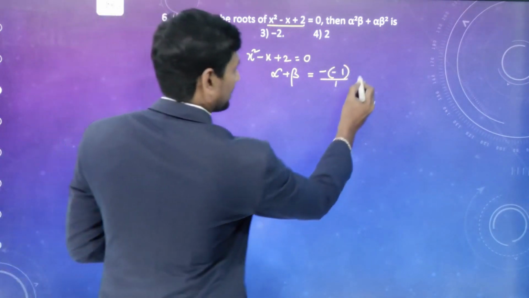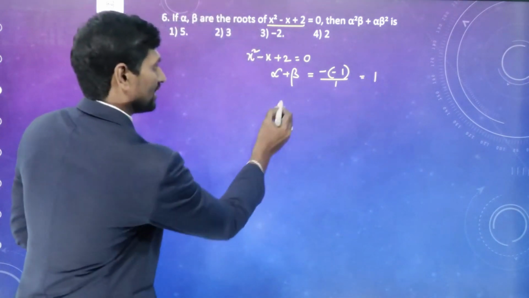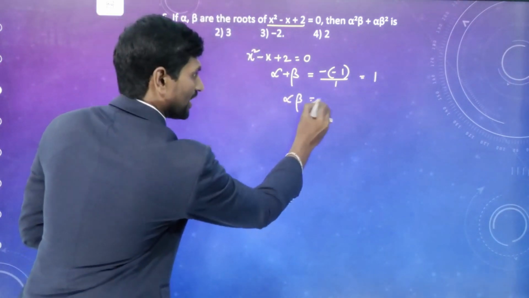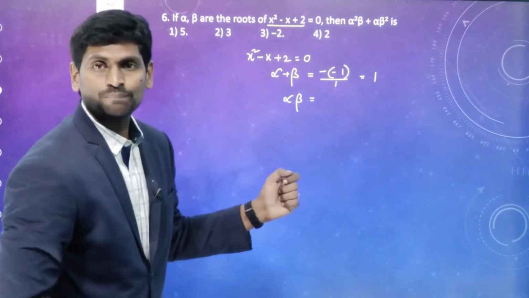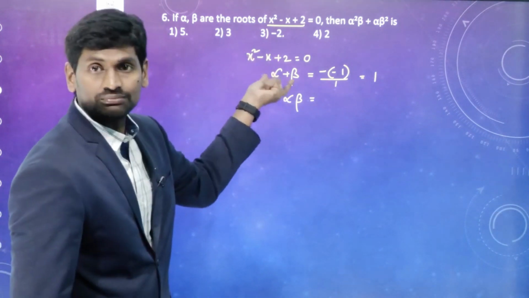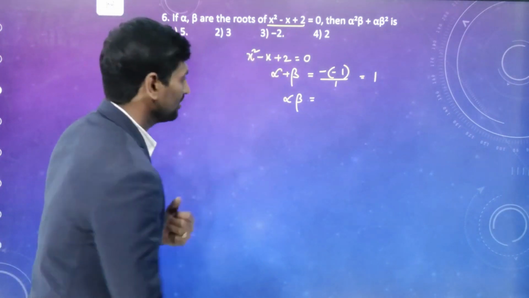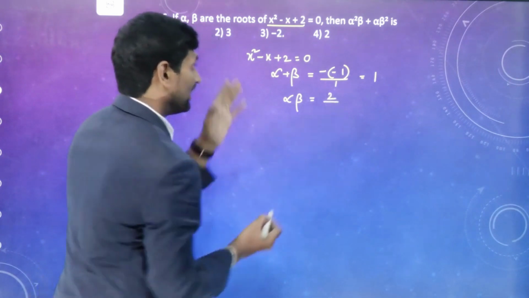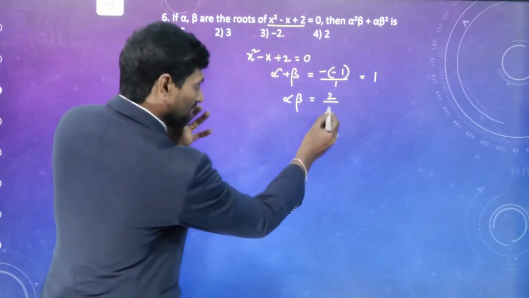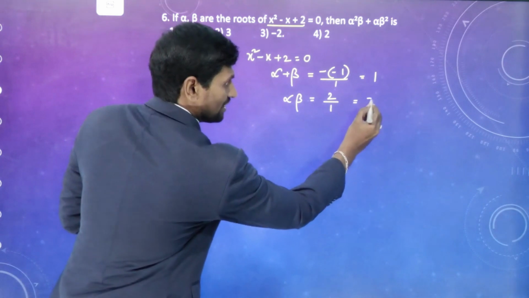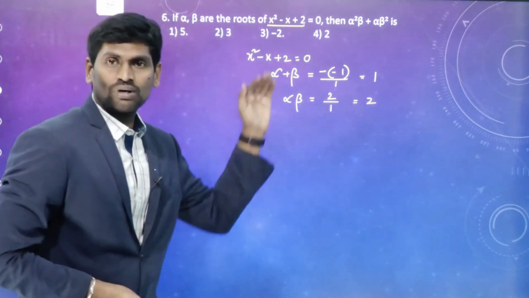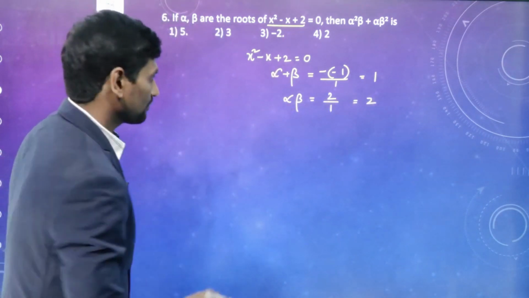So minus b by a value is 1. Product of roots alpha into beta is c by a. C is nothing but the constant term. So what is the constant term here? 2. And x square coefficient is 1. So 2 by 1 is nothing but 2. So sum of roots and product of roots.